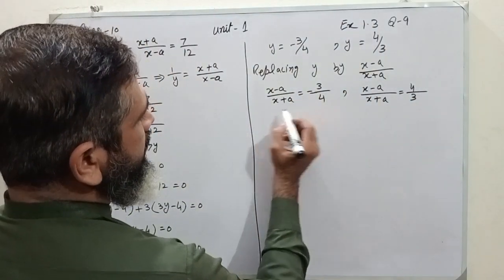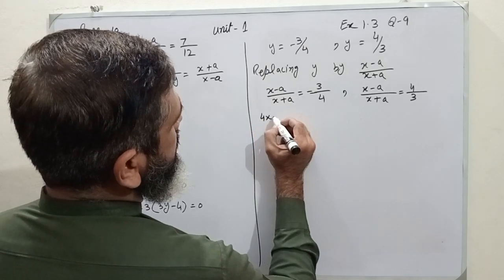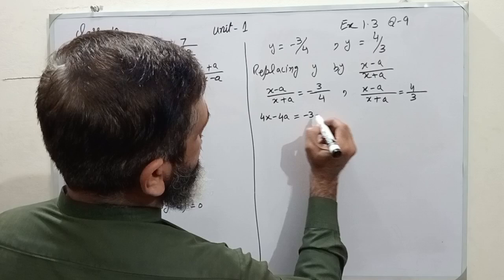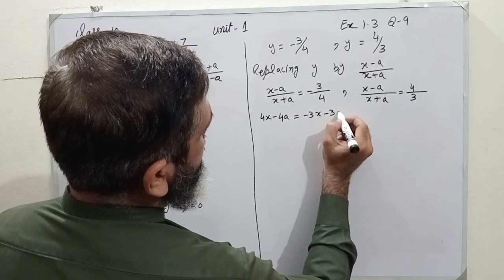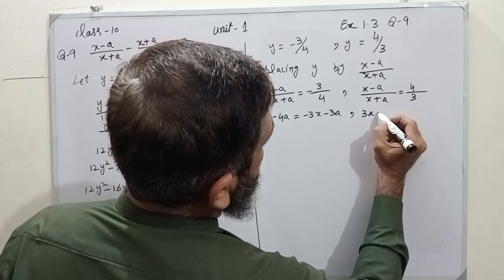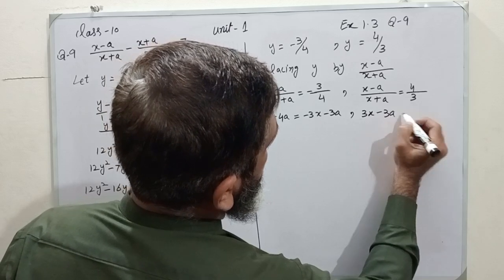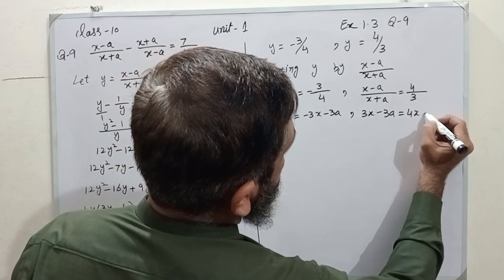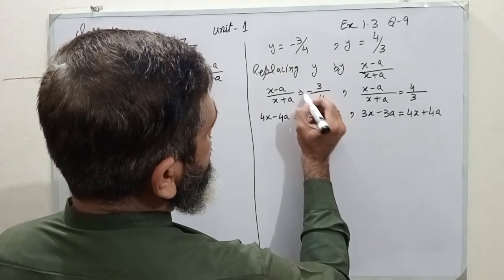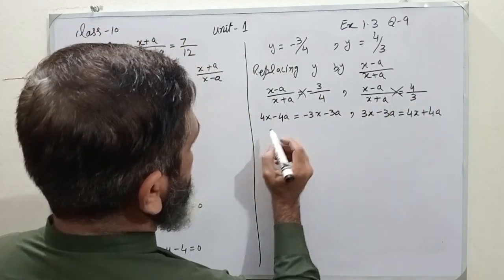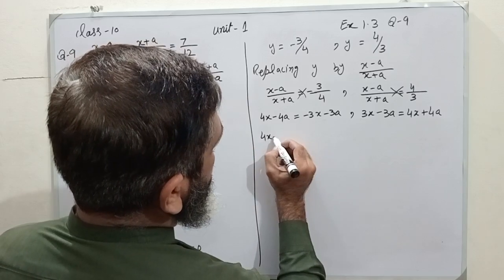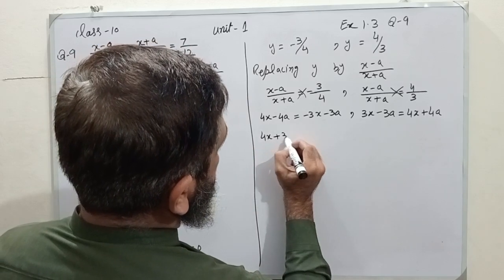So we use cross multiplication method. Here 4x minus 4a is equal to minus 3x minus 3a. Here 3x minus 3a is equal to 4x plus 4a.